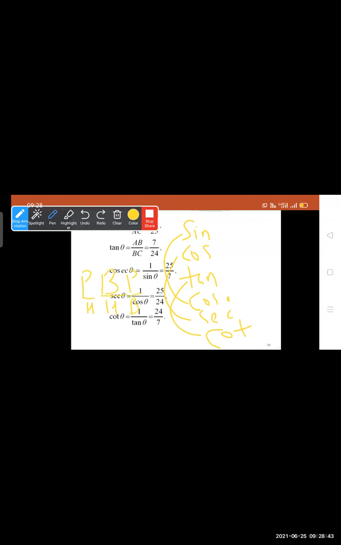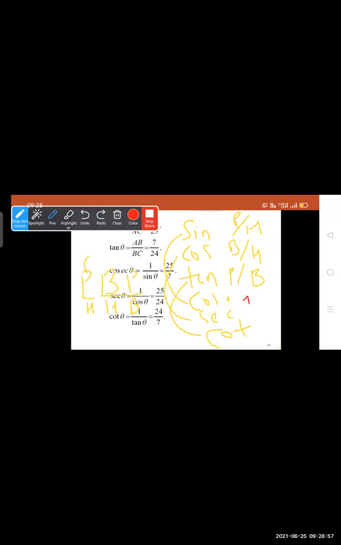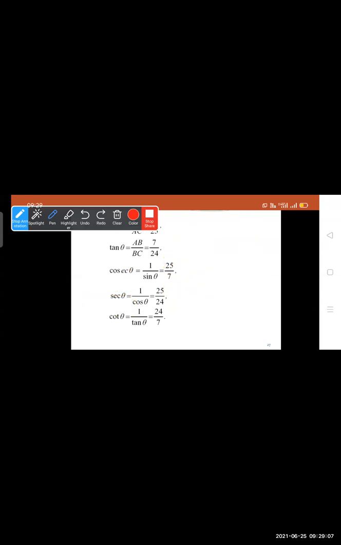So this will be for sine, this will be for cos, and this one is for tan. Clear? The reciprocals of these mean H by P, H by B, and B by P. Okay. So these are all the trigonometric ratios.